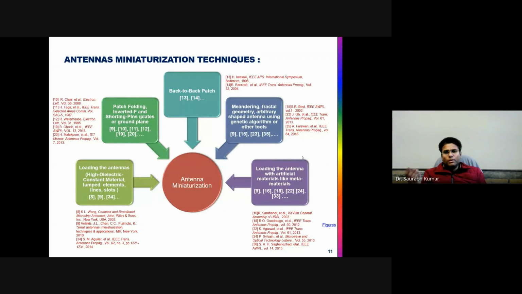And other metamaterials can also be there, like the magnetodielectric metasurfaces, where instead of increasing your dielectric constant, you are increasing the permeability of the material. So we will be discussing those techniques in some later slides.